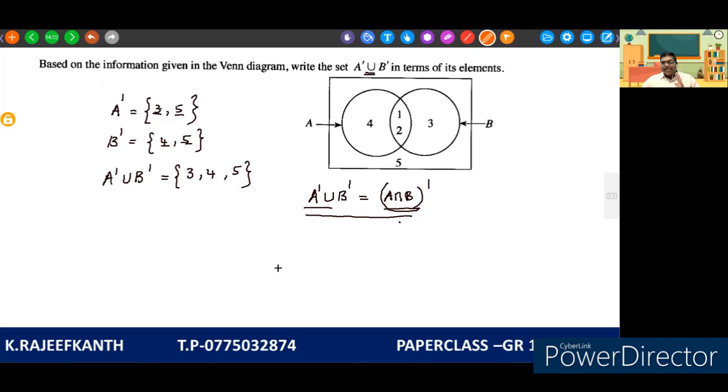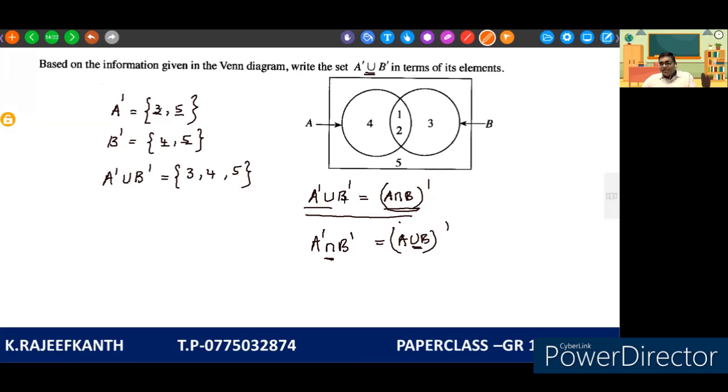A dash union B dash. Here A and B are complemented and this is a union. So we can write the complement common, but if it is union, we have to write it as intersection. If it is intersection, then we can write it as union, because we are putting the complement common.